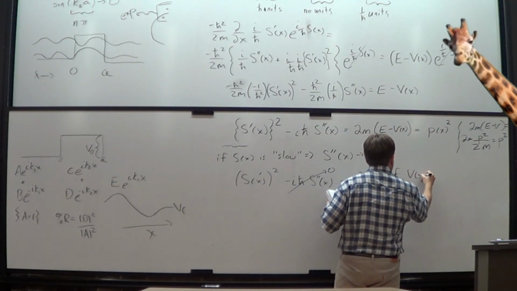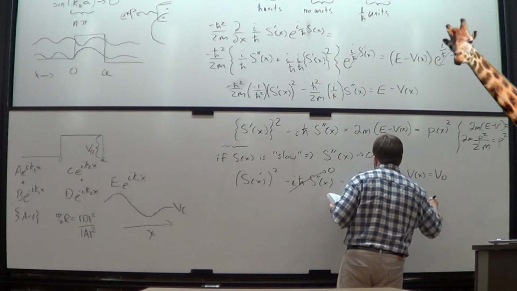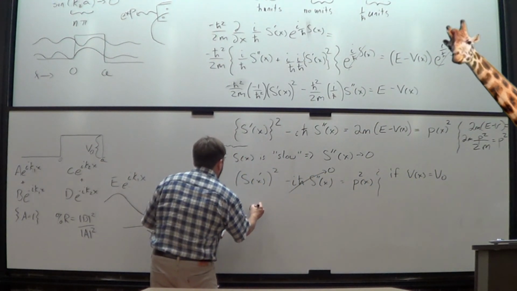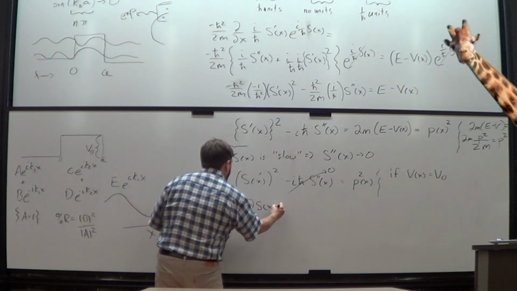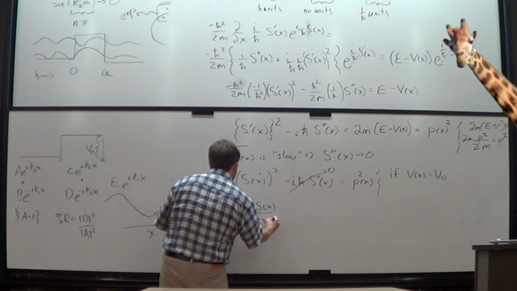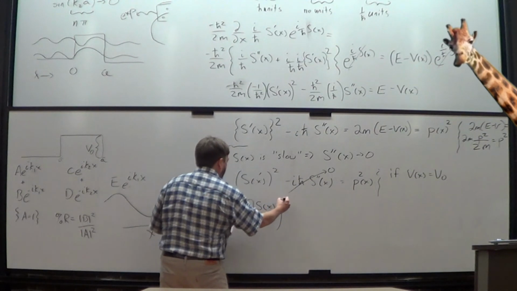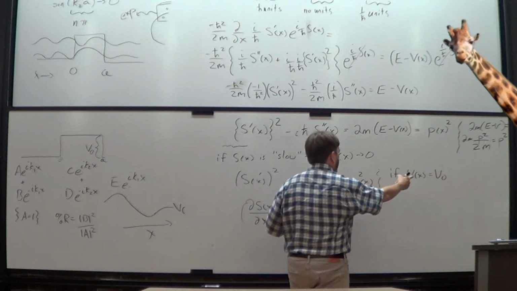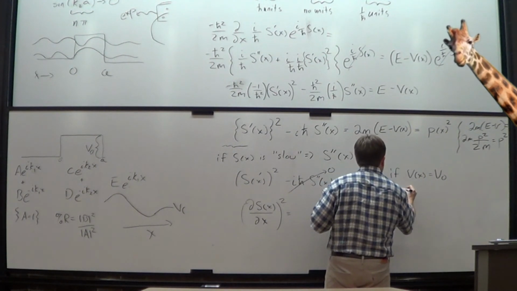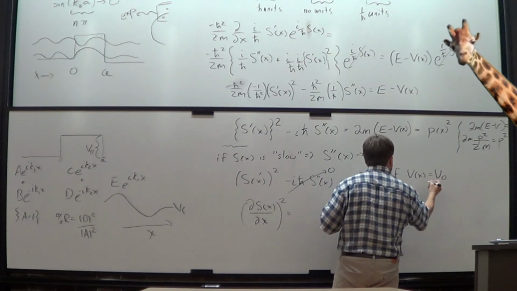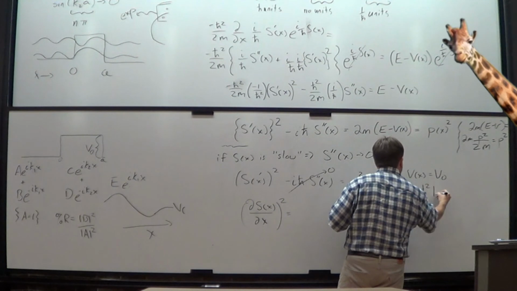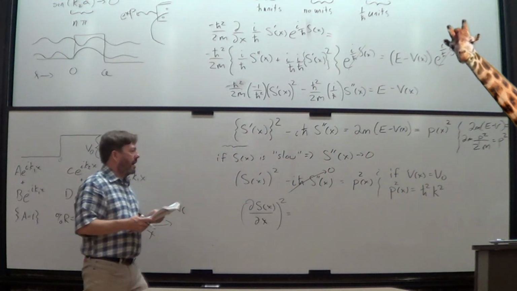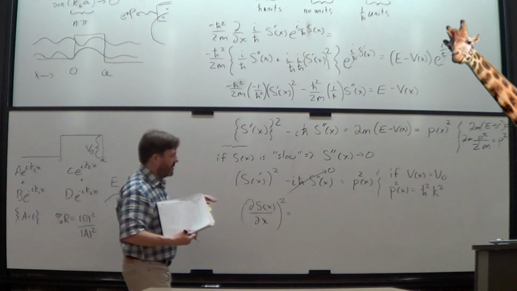Okay, I want to point out if v of x is a constant, then what you end up with is, I'll write out the derivative now. So I'm just making that little dash what it really is. If this is true, then p of x squared is actually h bar squared k squared. And k is, of course, the square root of 2m (E minus V) over h bar squared.